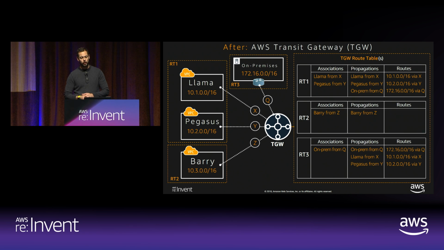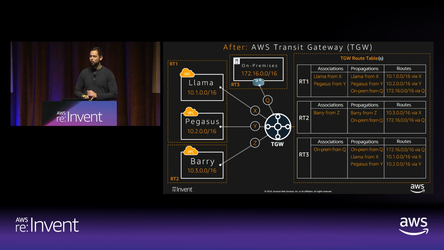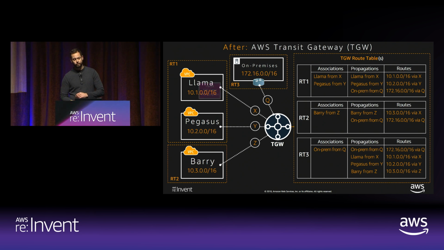Barry, well, he's in his own route table 2. And we're going to say, Barry, okay, you can talk to on-premises as well, but you're not allowed to talk to Llama or Pegasus. We've separated those route tables. Okay. So we've installed Barry's route in route table 3 as well.